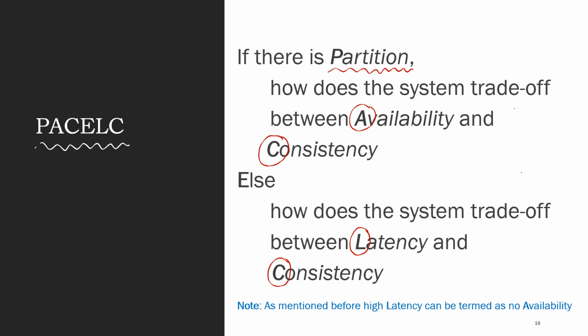And keep in mind, as mentioned in the previous slide, that high latency could be considered as no availability anyway, right? So you cannot just keep users waiting for the update or the operation because you want to maintain very high consistency, and that causes very high latency as well.